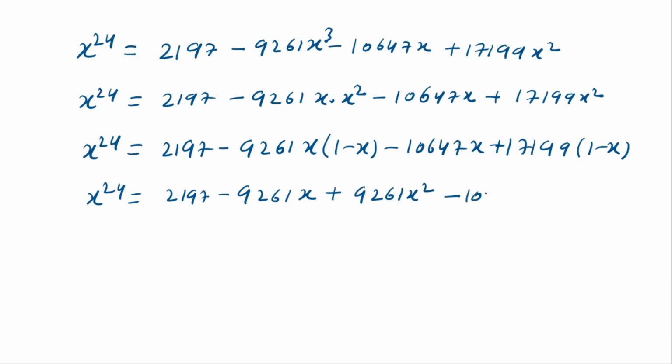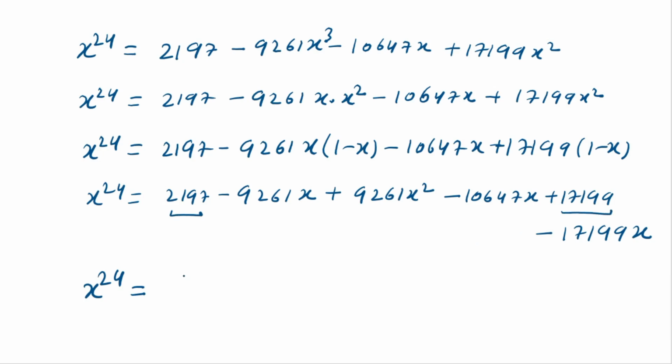Here minus 10647x, and this number is multiplied inside the bracket, then this is plus 17199 minus 17199x.